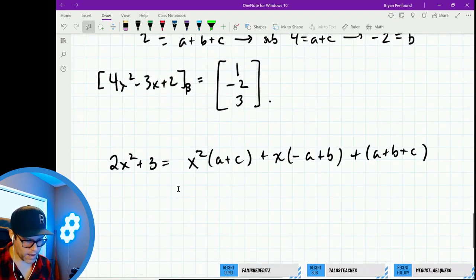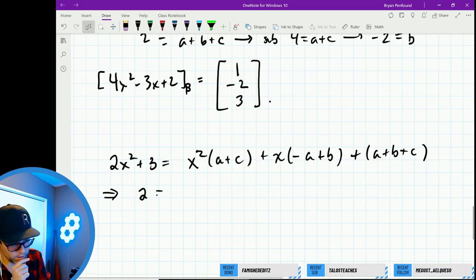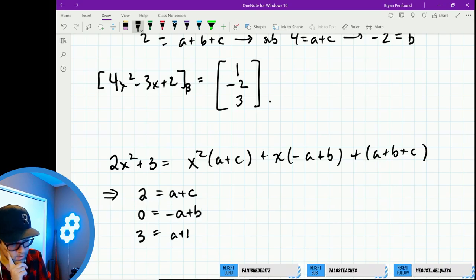So taking the expanded form, what do we get here? This implies that we need 2 to equal a plus c. We need 0 to be -a plus b. And we need 3 to equal a plus b plus c. Using Fem's theorem, we can subtract equation 1 from equation 3. That should give us 1 is equal to b.